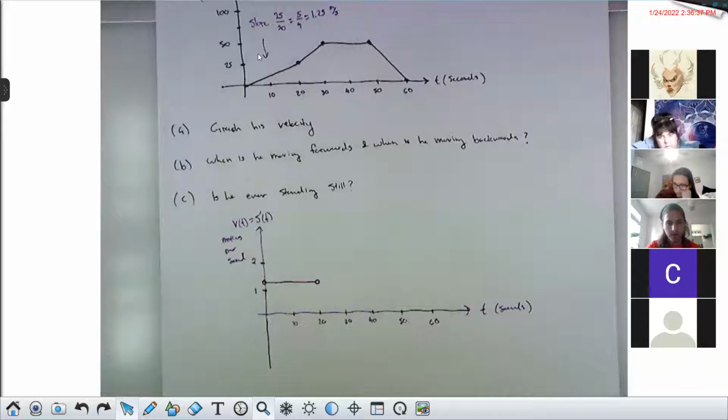Would your y values also be in meters or? Meters per second down here. Okay, I see. Now from time t equals 20 to t equals 30, he covers another 25 meters, but he does so over 10 seconds.